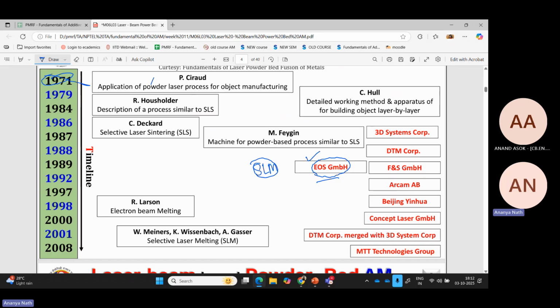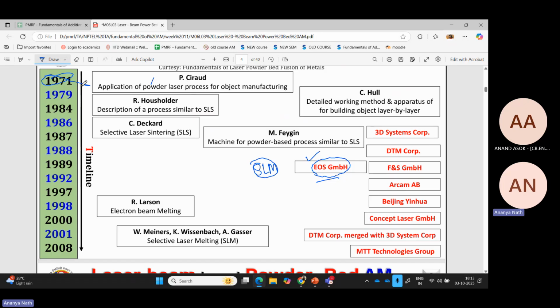So when you're talking about these company applications, you have to be very serious about the standard. Companies will always want to use a standard machine rather than any normal company's machine. When I say standard, that means the process parameters for the very common materials like aluminum, stainless steel, copper, titanium, Inconel are optimized by the company.